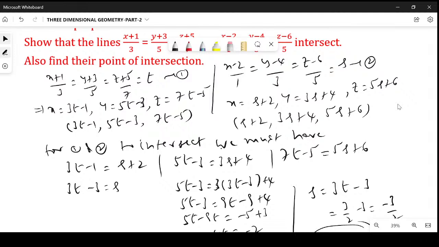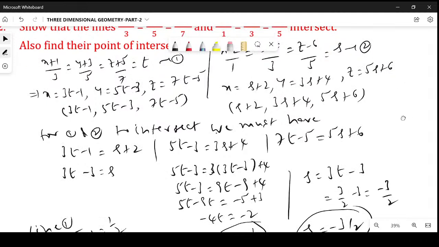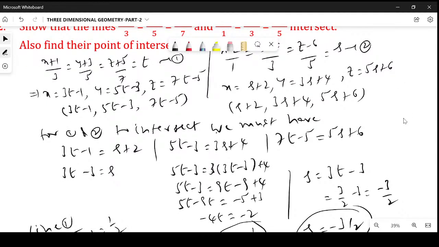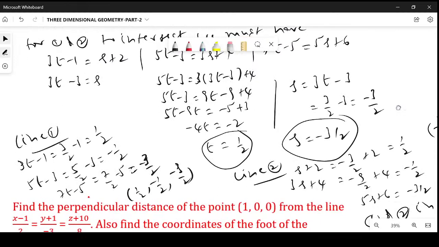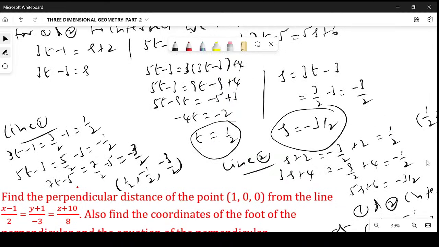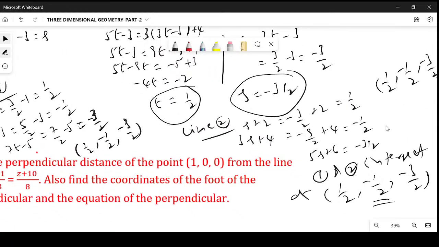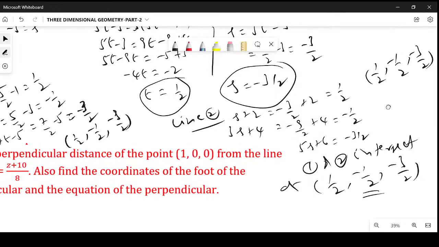For 1 and 2 to intersect, the x coordinates of both should be equal, the y coordinates of both should be equal, and I equated the z coordinates. Now I simplified. I got t equal to 1 by 2, s equal to minus 3 by 2. Substitute these in line 1 and line 2. We got the same point. Therefore, lines 1 and 2 intersect at the point 1 by 2, minus 1 by 2, minus 3 by 2.